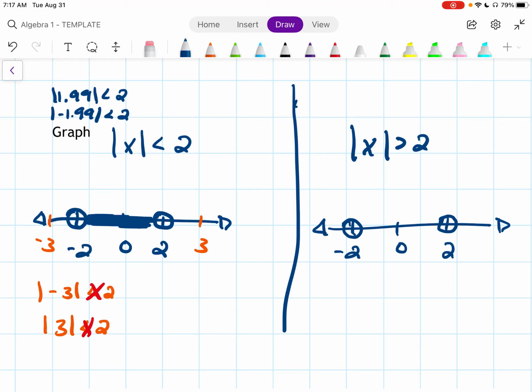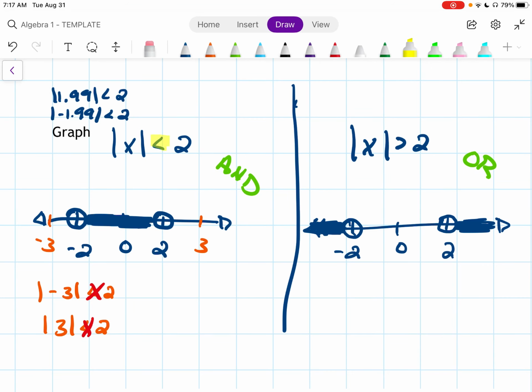The number 3 would fall into that, so I'm going to shade this one to the right. The number negative 3 would also fall into that, so I'm going to shade the other one to the left. Now what we should recognize is that this is similar to an and from yesterday. This is an or from yesterday, or from the last section.